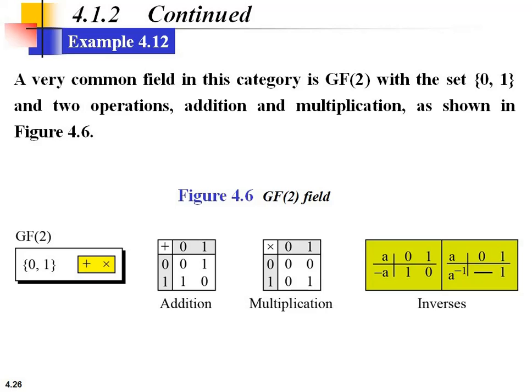One common example of this finite field is GF(2). GF(2) contains 2 elements, 0 and 1, and there are 2 operations defined, the addition operation and the multiplication operation.